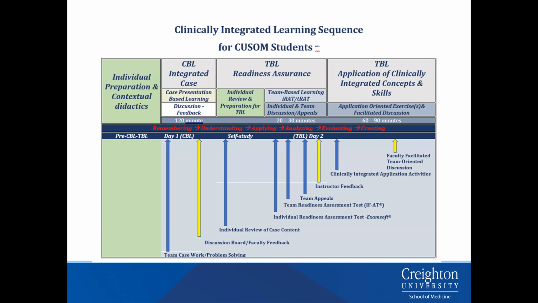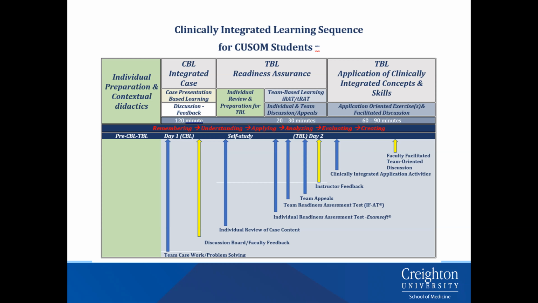And then this is the timeline. You can see on the far left, individual preparation or contextual didactics are the beginning of this active learning cycle. Then the students do a case. The integrated case takes about 120 minutes.